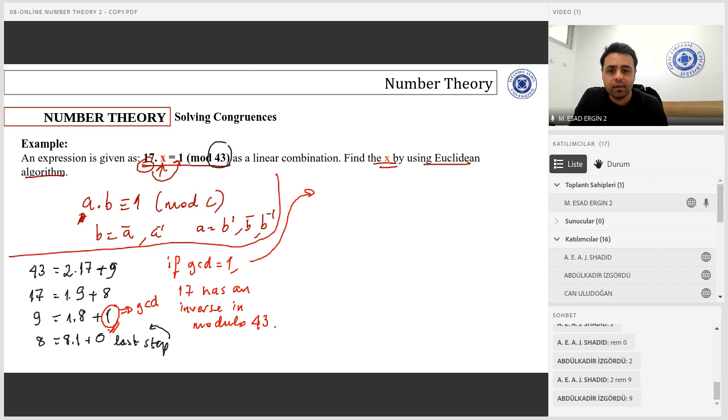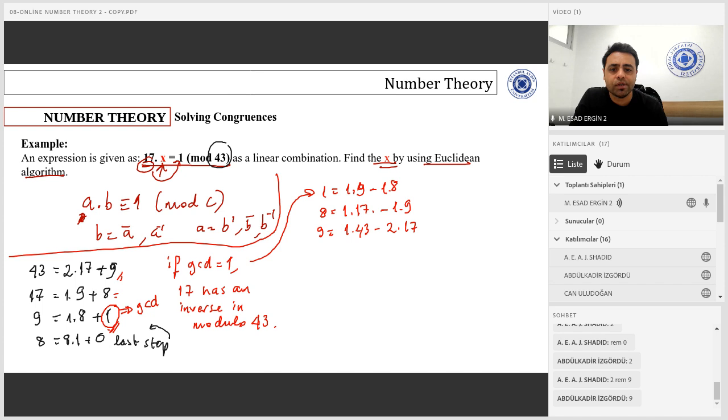At first, 1 equals 1 times 9 minus 1 times 8. The next one is 8 equals 1 times 17 minus 1 times 9. And 9 equals 1 times 43 minus 2 times 17.